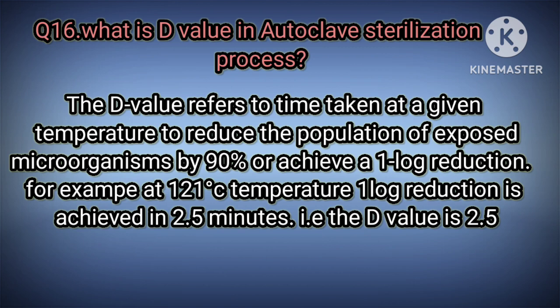What is d-value in autoclave sterilization process? The d-value refers to time taken at a given temperature to reduce the population of exposed microorganisms by 90% or achieve 1 log reduction. For example, at 121 degrees centigrade temperature, 1 log reduction is achieved in 2.5 minutes. That is, the d-value is 2.5.